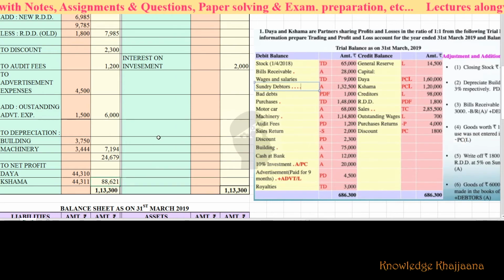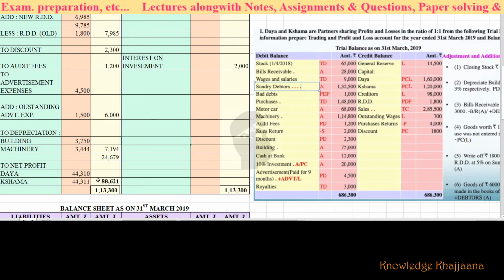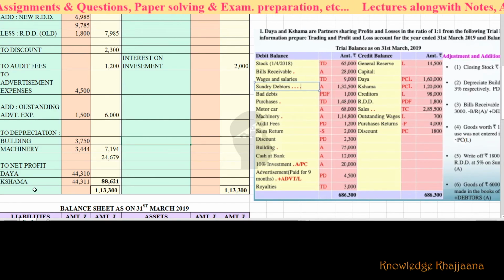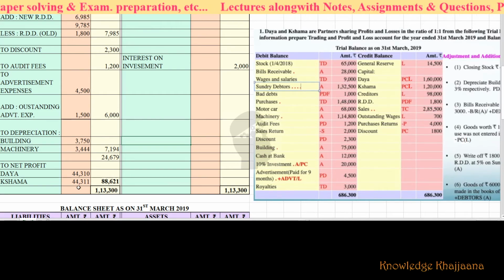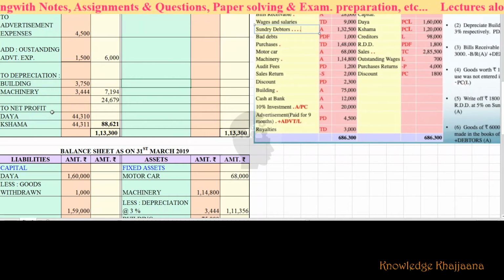Daya we gave 44,310, Kshama we gave 44,311. So this is the net profit given to Daya and Kshama.